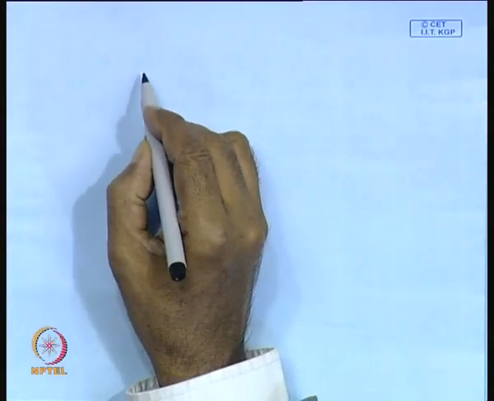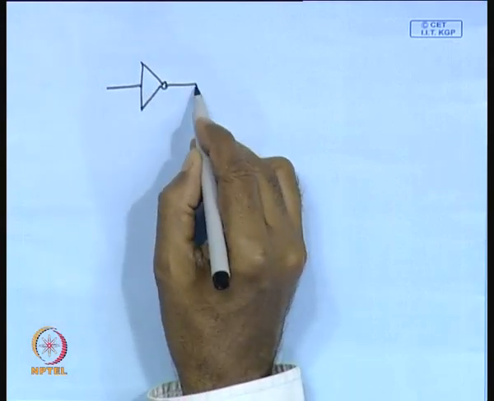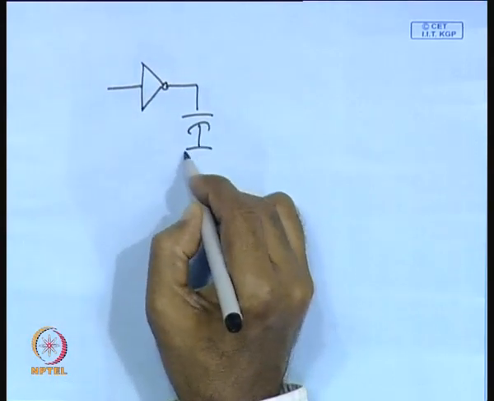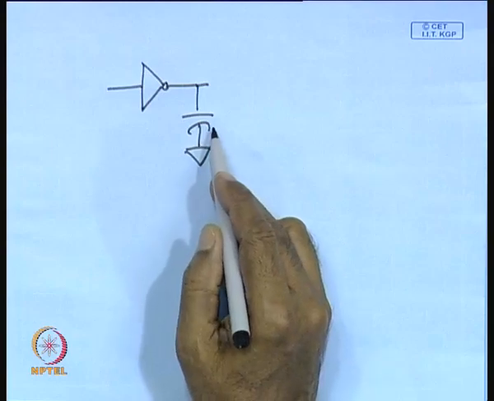That means, suppose this particular stage, one inverter stage is driving a large capacitor. Earlier we have discussed in detail how we can drive a large capacitor.